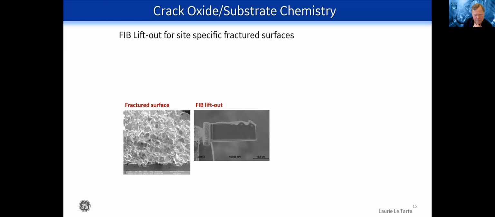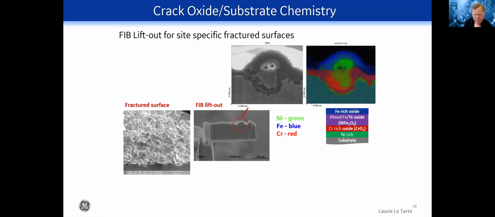What we were able to do is take this sample over to the photoelectron beam instrument. We could generate a FIB lift-out from the region of importance and interest and bring it over to the Auger instrument.